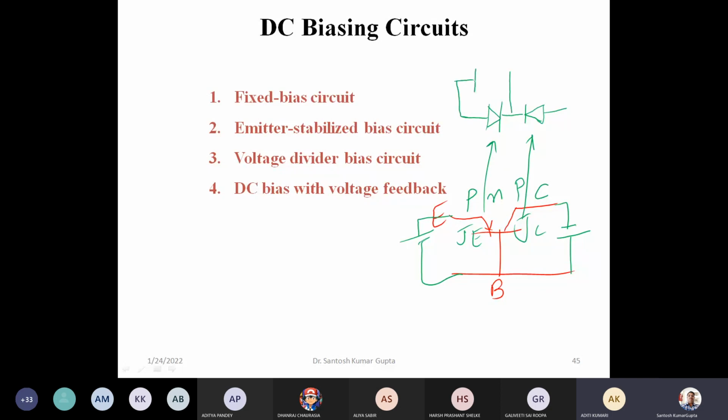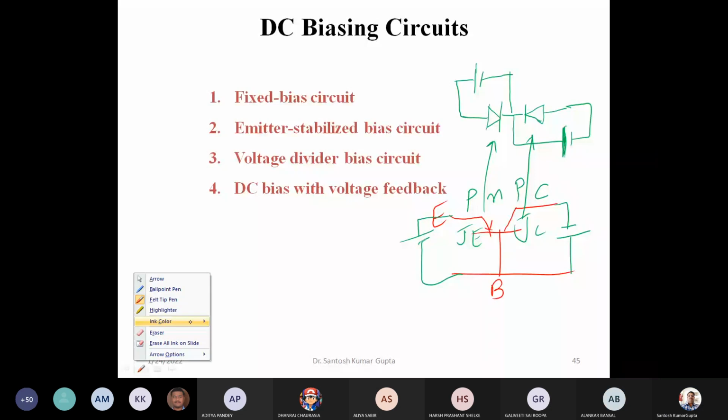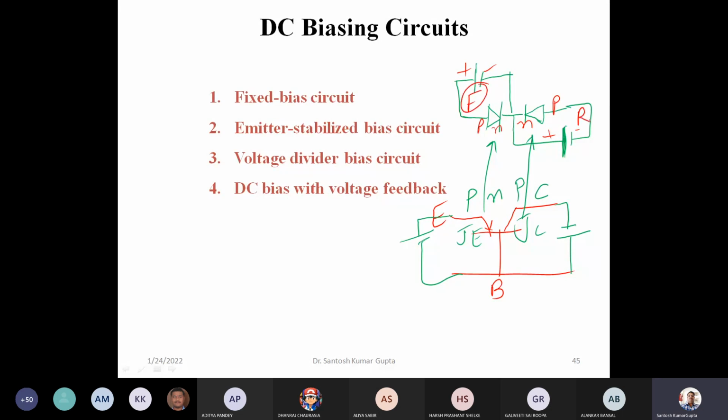To forward bias this diode, we apply this kind of voltage source, and to reverse bias this diode, we apply this kind of voltage. Positive polarity is applied towards the P side for forward bias, and positive polarity is applied to the N side for reverse bias.